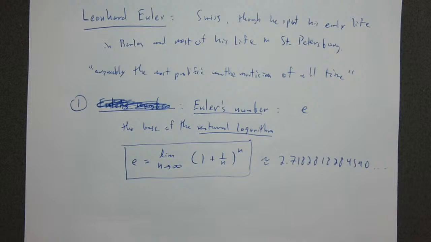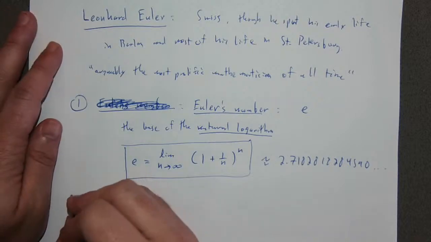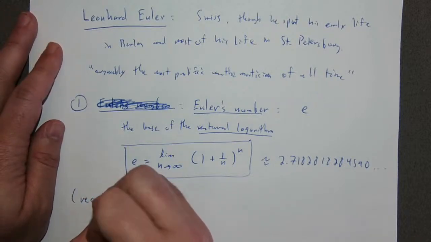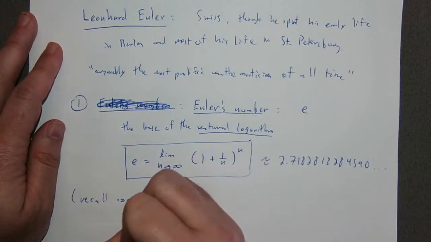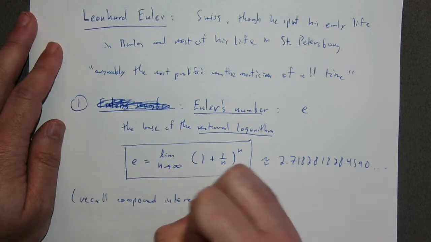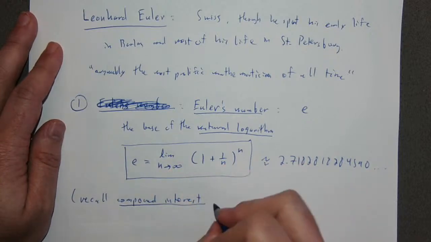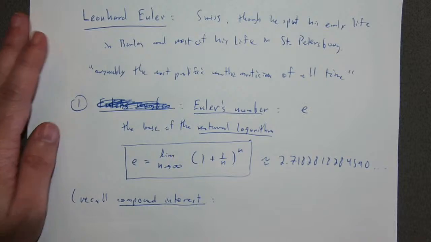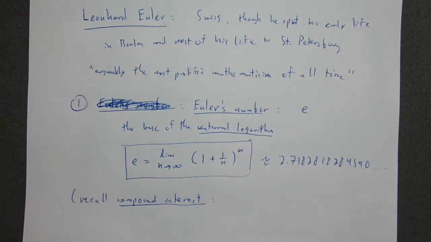So this expression, there's certain things in the actual original expression that you would have to set to be 1 here. But recall compound interest. How do I compute compound interest?